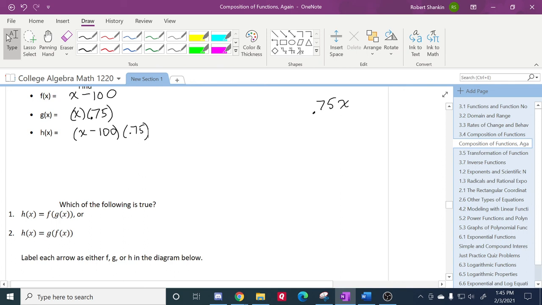So get your answer and type it into your group chat, but don't hit enter quite yet. Okay, go ahead and hit enter. And you can chat about this.